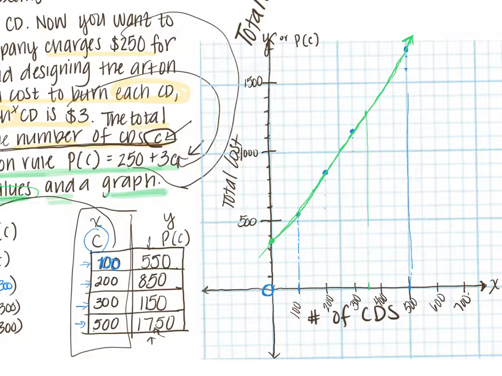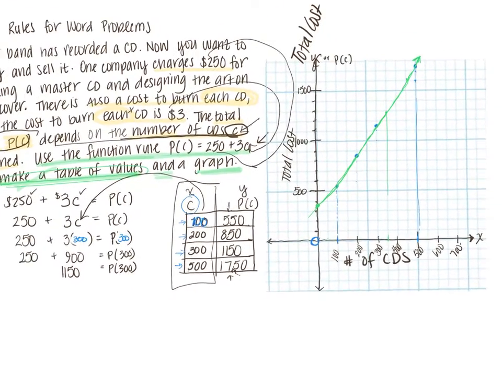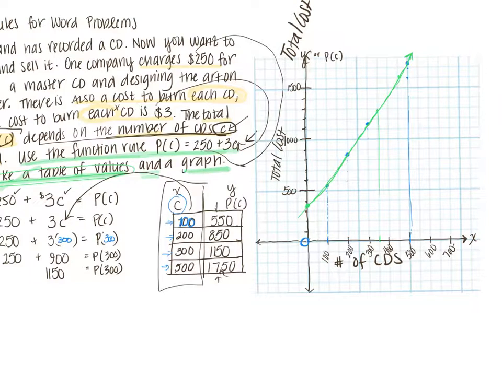Or if I sold, let's say I sold 450, I would be spending $1,600 to do so. All right, so this is the power of a graph, as it models my equation and allows me to make predictions about future events or about one variable in terms of the other.